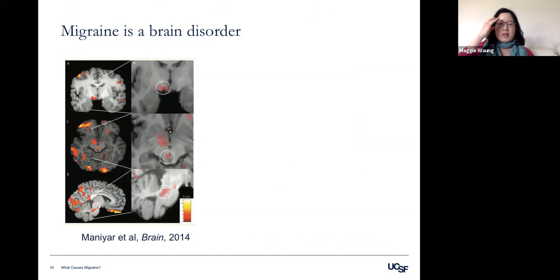Well, now we have these imaging studies where scientists gave patients who had migraine an IV infusion of nitroglycerin, which is a vasodilator. We know that this substance will induce migraines. It'll activate migraines in patients who have migraines. But it doesn't do it right away. There's a small break in between.